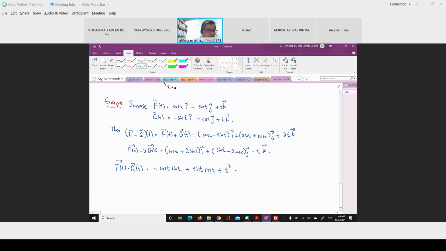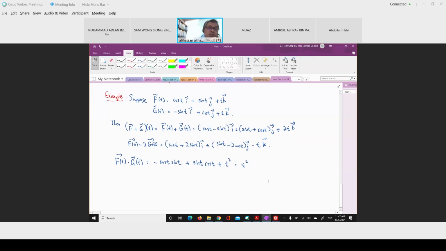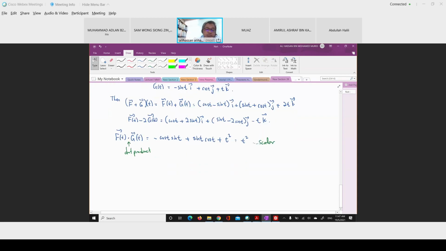Cosine t sine t cancel out, so it is equal to t squared. This is a dot product, and the result is always a scalar, not a vector.